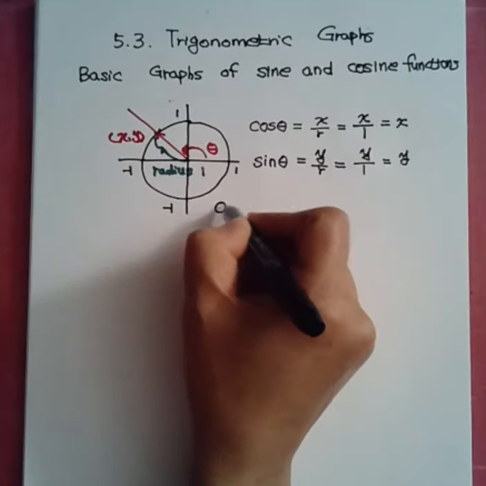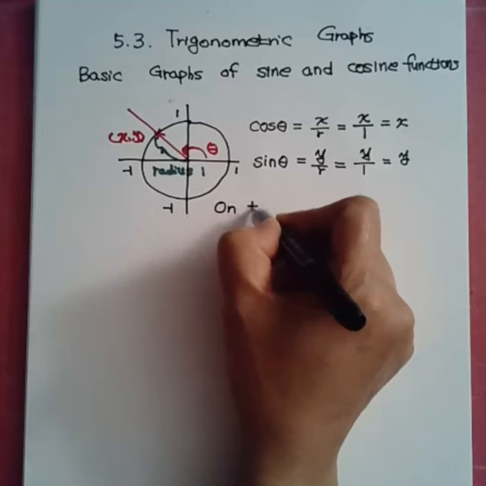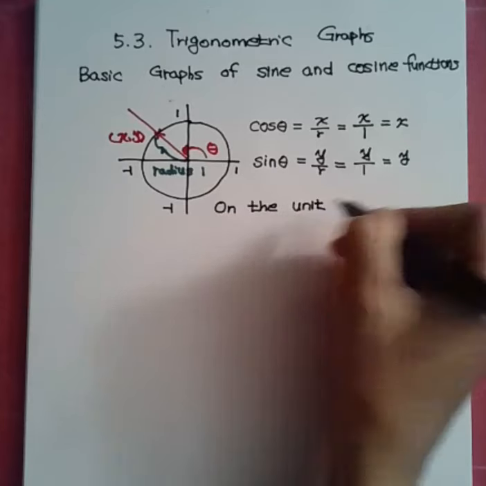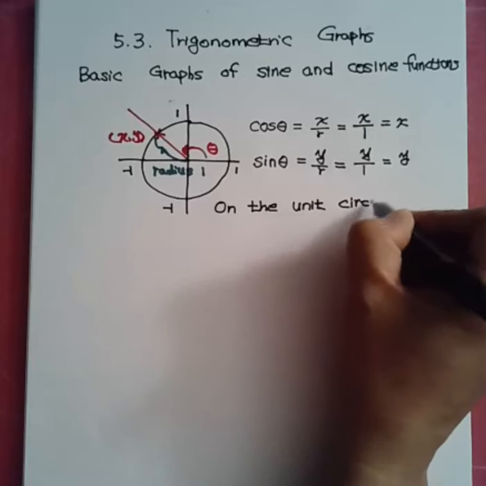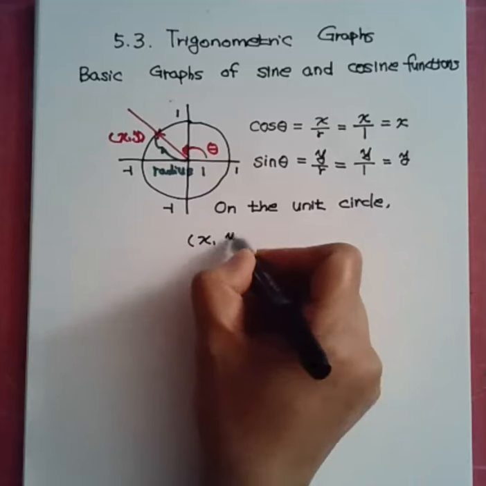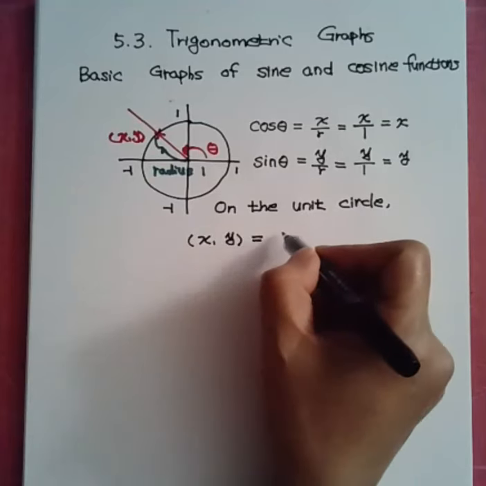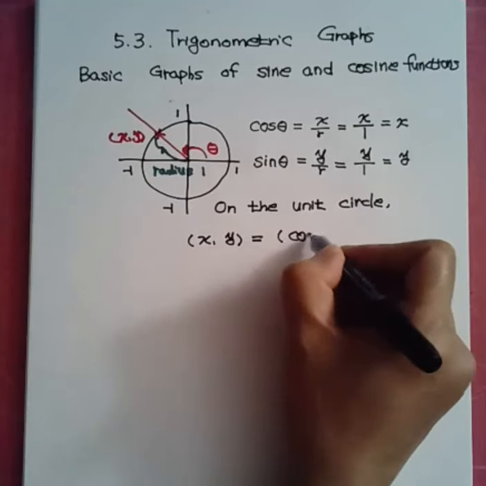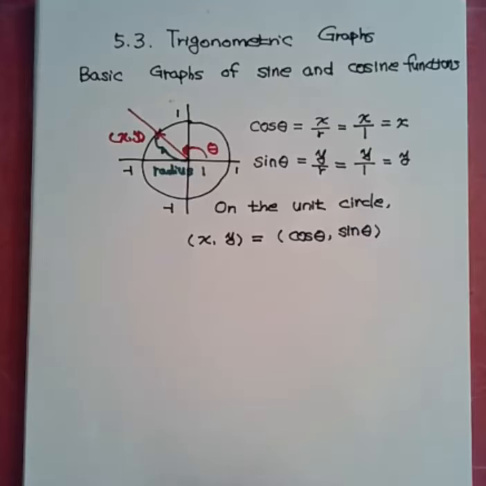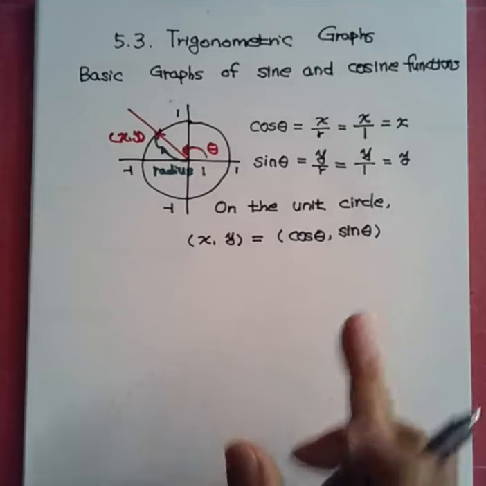Let's summarize that. On the unit circle, the coordinates can be rewritten as cosine of theta and sine of theta.